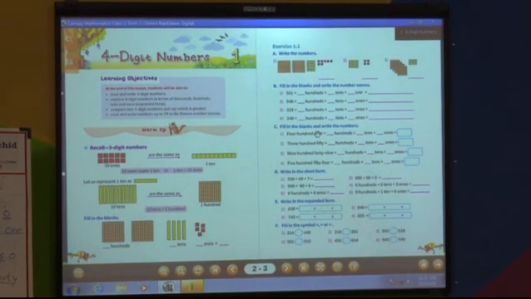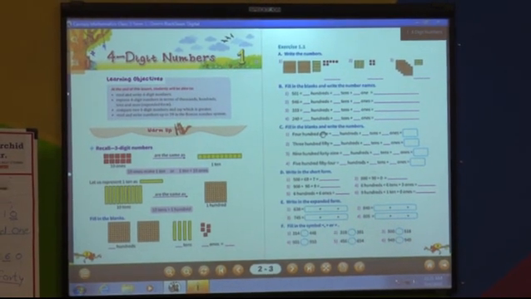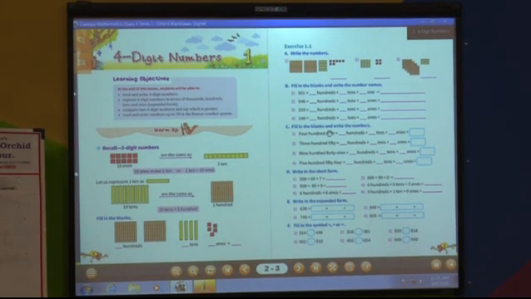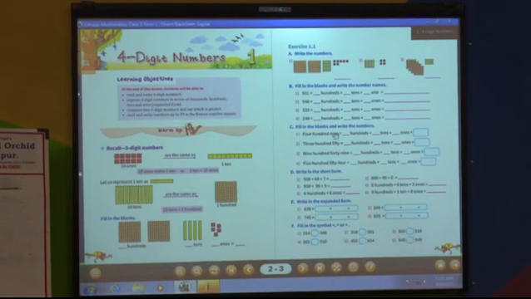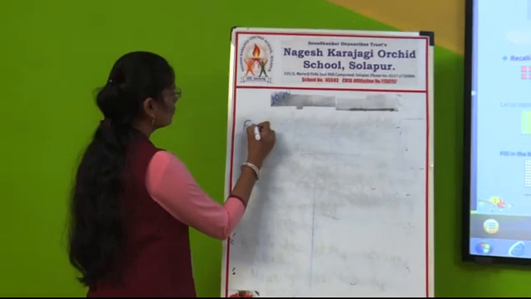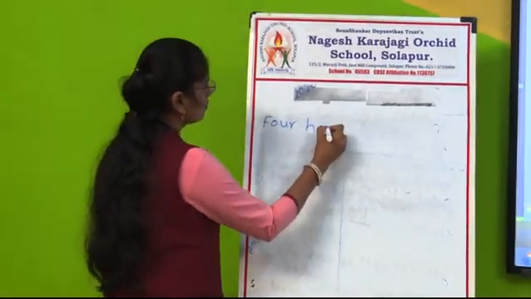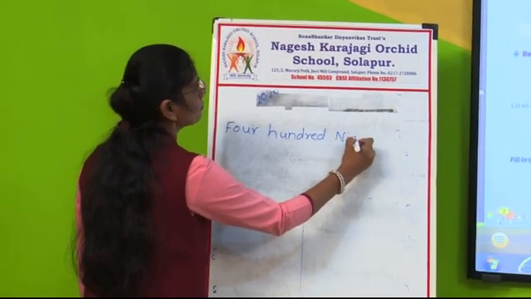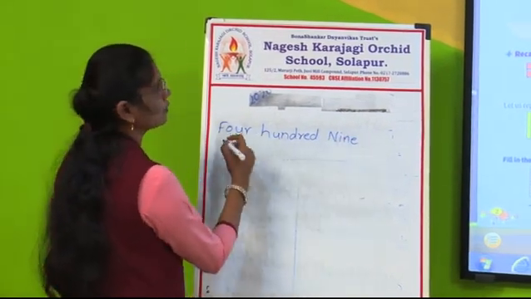So the first question is 409. While reading only we will understand how many hundreds are there, how many tens are there and how many ones are there. So read the number carefully. 409. So I will write here 409 is equal to.